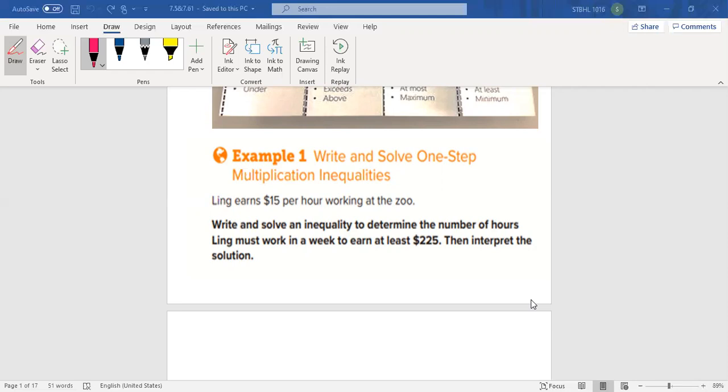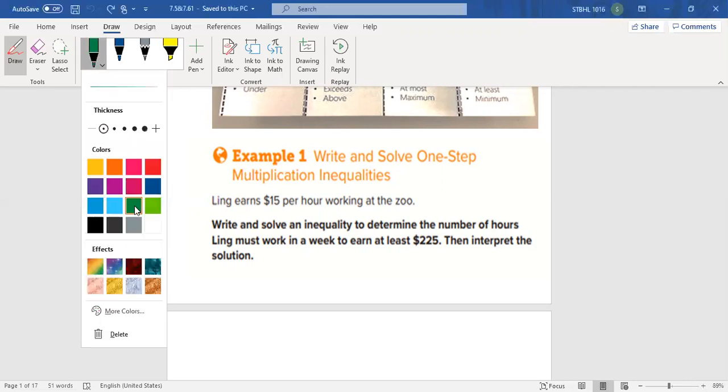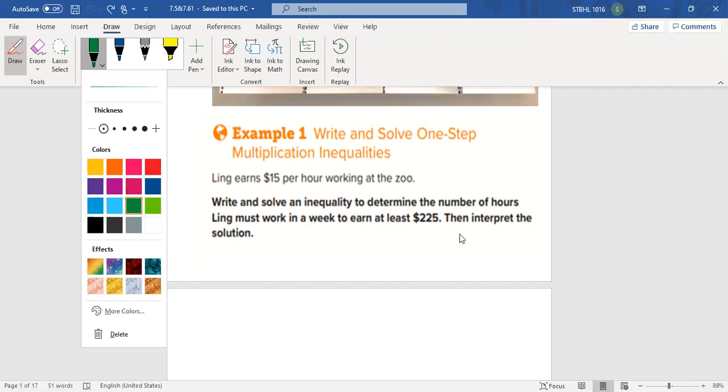So what will we represent as a variable? As you see, we will represent the number of hours as a variable, because I have to find the number of hours. And where is the word that will help me to write the inequality? It's at least, which is indicated by which inequality?